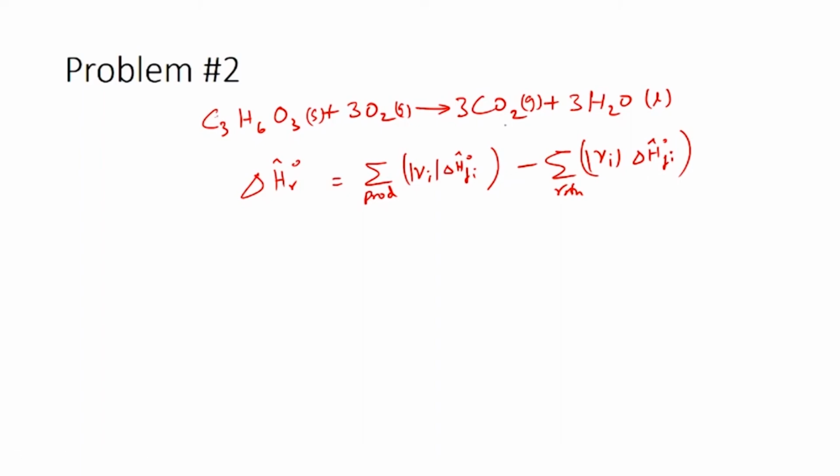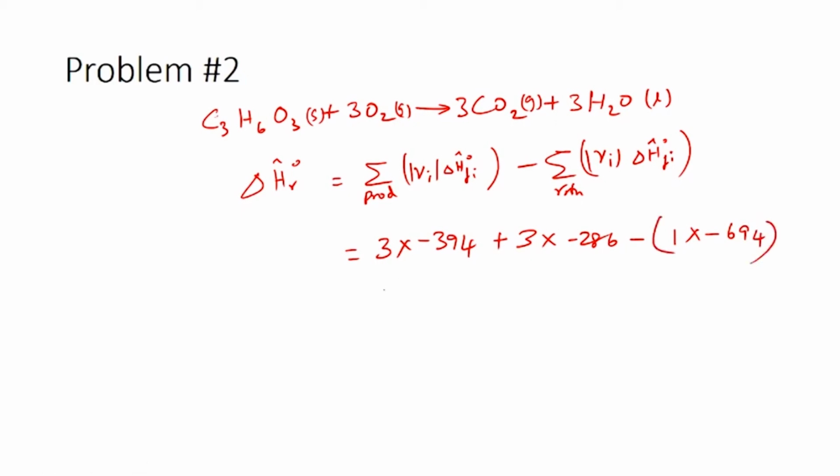So, the products are carbon dioxide and water. This would be 3 times the heat of formation of carbon dioxide, which is minus 394, plus 3 times the heat of formation of liquid water, which is minus 286, minus 1 times, which is the stoichiometric coefficient of lactic acid, the heat of formation of lactic acid, which is minus 694.